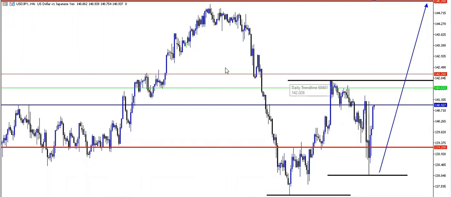If the market opens, then this is a structure here. It was coming down, coming down, coming down. Then we see this push to the upside, but this structure is not yet broken to the upside.